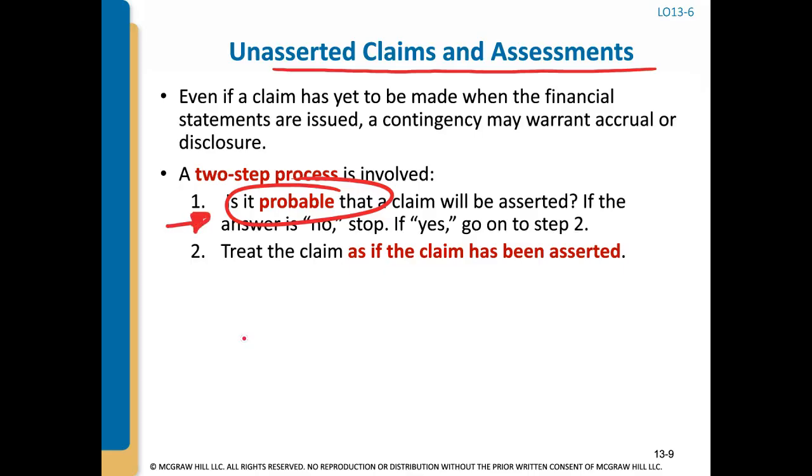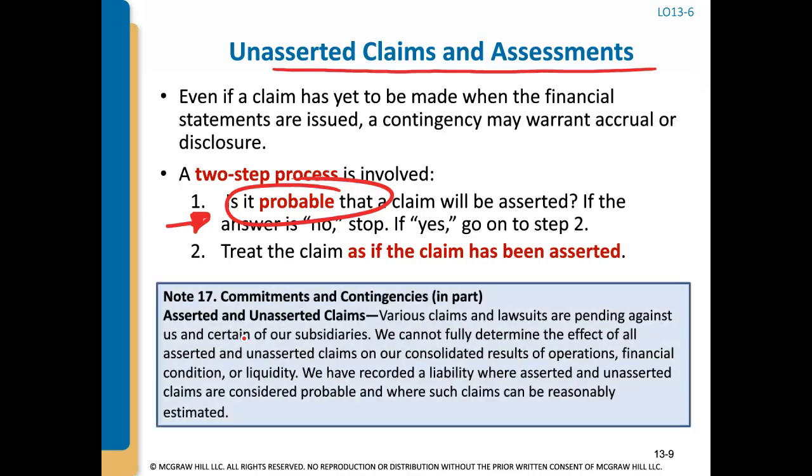So even though a claim hasn't been filed, if a company knows that a lawsuit is going to come about, and it's probable, then they have to decide, do we know how much that loss could be? Is it reasonably estimated or not reasonably, or we can't estimate at all?